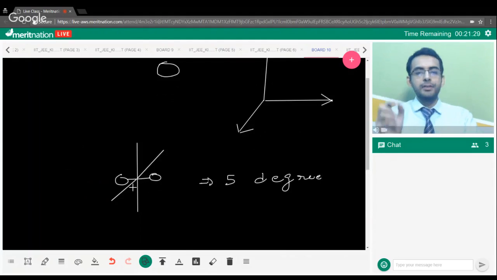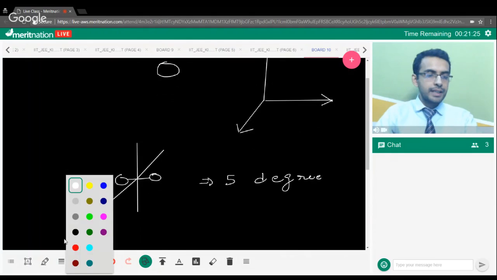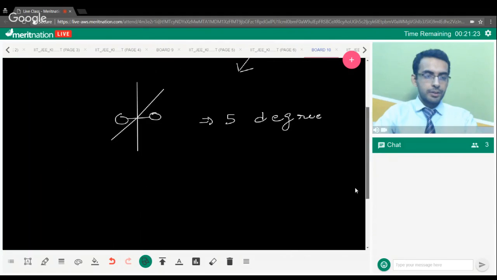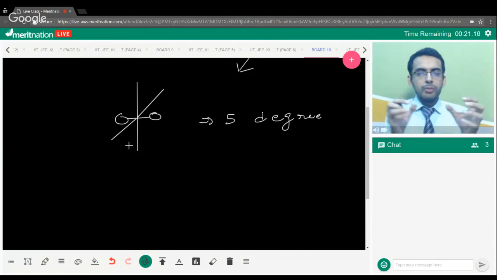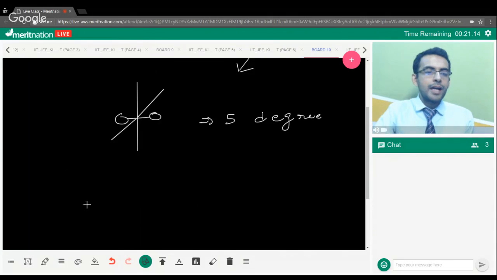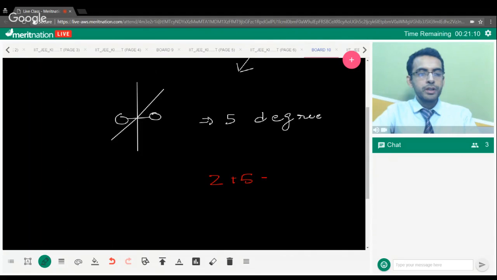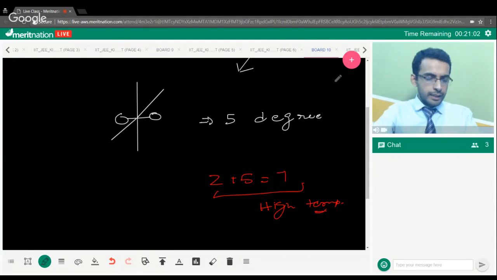At normal temperature, you should not include vibrational modes. At higher temperature, both the atoms start vibrating, so we have to add 2 more degrees of freedom, so it becomes 5 plus 2 equal to 7 at high temperature. Okay, is it clear?